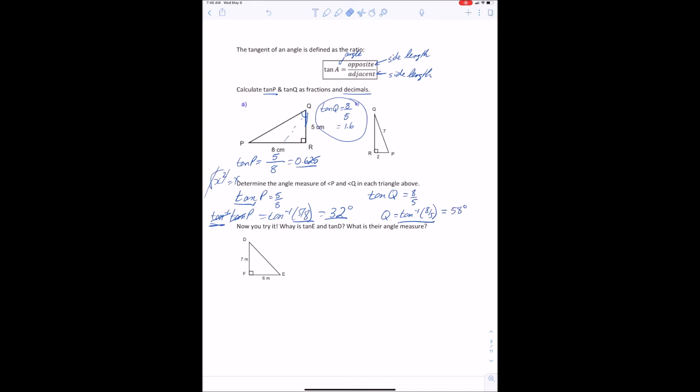Okay, now if we turn our attention to this second triangle over here, tan of Q is its opposite. So if I'm up here, my opposite is going to be 2 over the adjacent, and I don't have the adjacent.